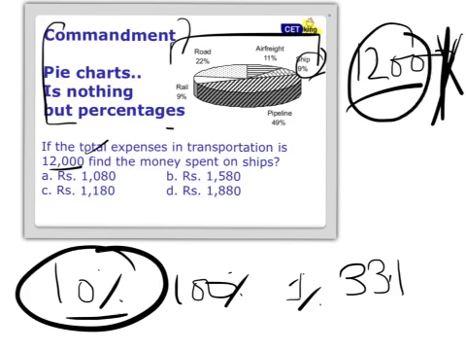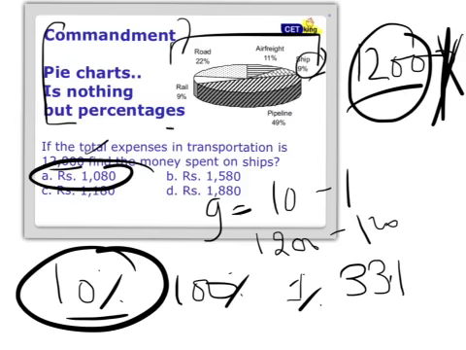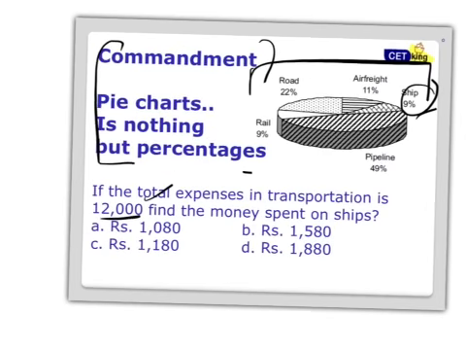Now I want 9%. So I can write 9% is equal to 10% minus 1%. 10% is 1200, 1% is 120. 1200 minus 120 is 1080. So these are the small things which you have to use to speed up the calculation.